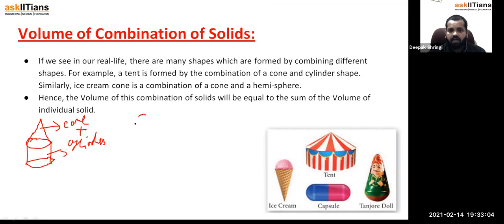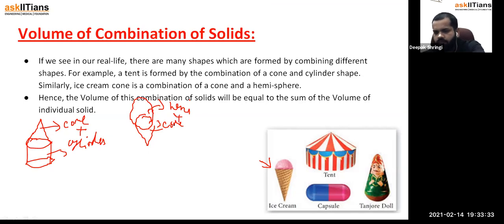Whenever you eat a cone ice cream, a cone is there and also a hemispherical cream on top. So it is basically a combination of a hemisphere and a cone. If you need to find the total volume of the ice cream cone, you have to add both the volumes.